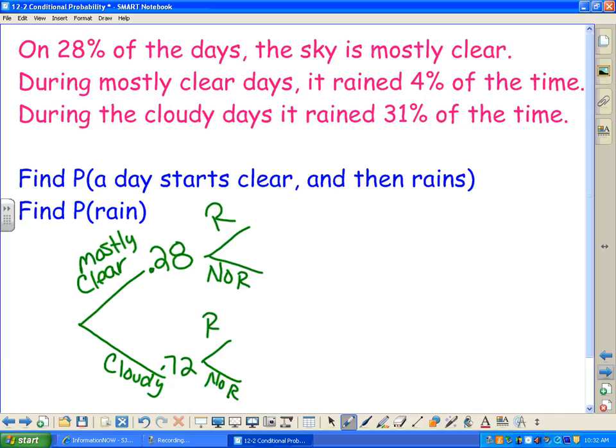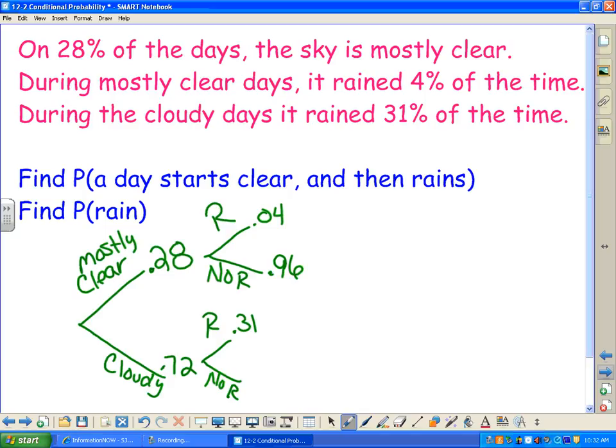Okay, so on the mostly clear days, what's the percent that it rains? 4%? That means no rain, 96%. On the cloudy days, we get rain, 31%.